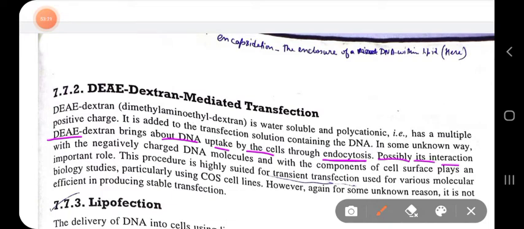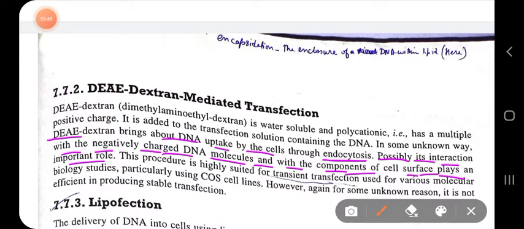Possibly its interaction with negatively charged DNA molecules and with the components of the cell surface plays an important role. The scientists expect that DEAE is positively charged and binds with the negatively charged DNA. On the other hand, DEAE can also bind with negatively charged molecules in the plasma membrane.